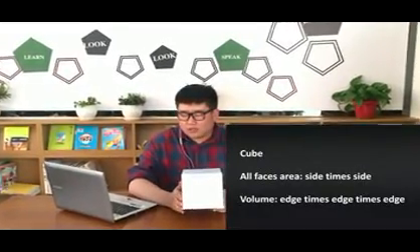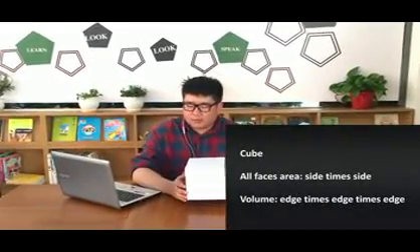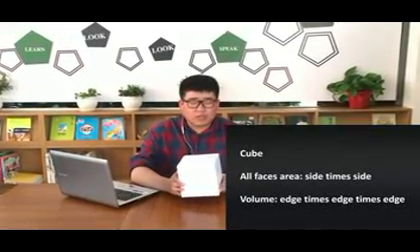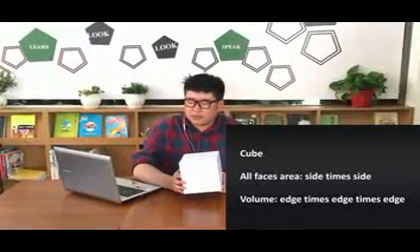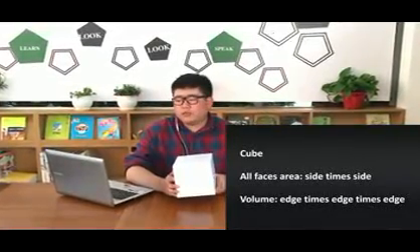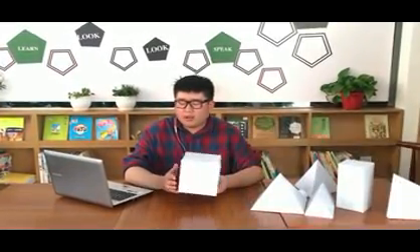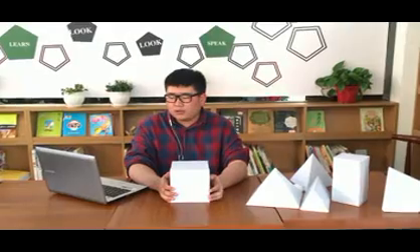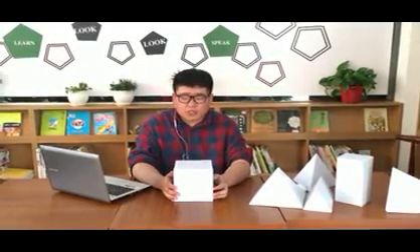And its volume formula is length times length times length. Also use the number 4 to substitute into the formula. It is 4 times 4 times 4 equals 64 cubic centimeters.